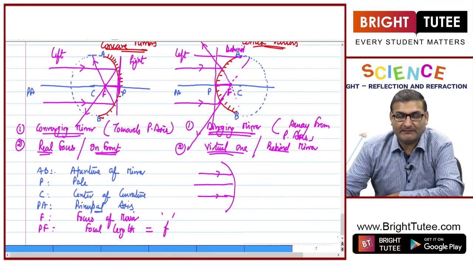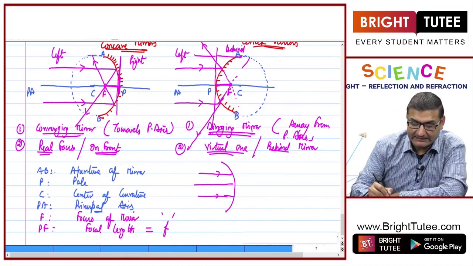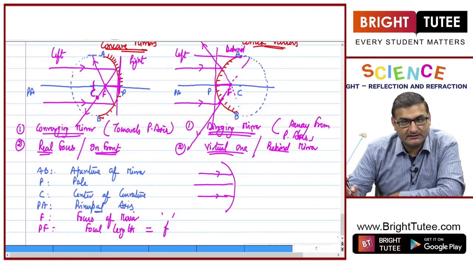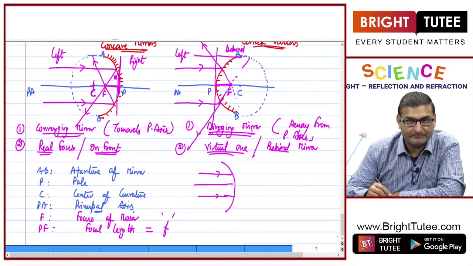While doing the numerical part further ahead in the chapter, we will see that small f is used to represent the focal length. Fine. Yet another thing, this was the C point, the center of curvature. What was the center of curvature? It was the center of the imaginary hollow sphere of which the mirror was a part. Got it?